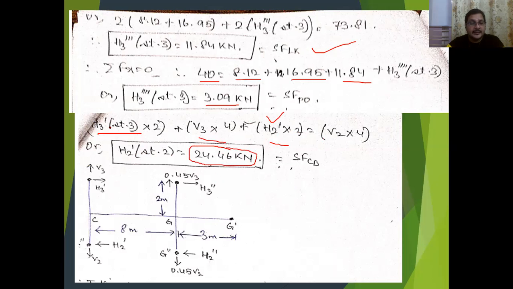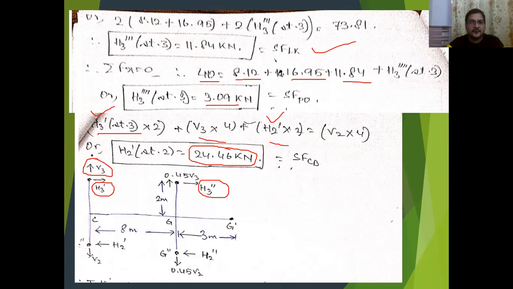That means in this stage, please make sure, my dear students, H3 dashed has changed its sign. In the previous stage, it was from right to left. Now if you check, it is from left to right. Also H3 double dashed is from left to right. And also the axial forces have changed their directions because we are considering equal and opposite direction.